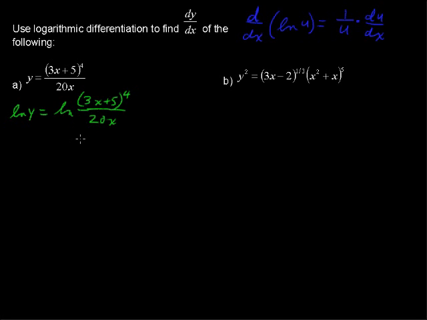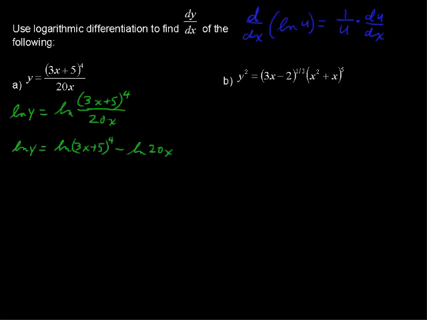Now I'm going to simplify each side. The left-hand side doesn't require any more simplification, so I'll just write natural log of y. And here, if you take the natural log of a quotient, it's the difference of the natural logs. So I'll write the natural log of (3x plus 5) all to the fourth minus the natural log of 20x. So that's the first step.